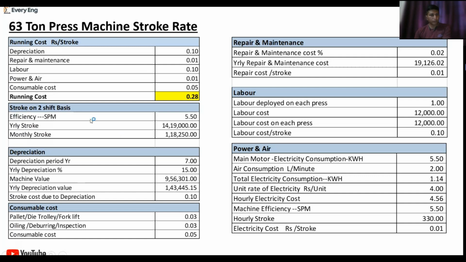Yearly stock we calculate on a 2 shift basis. तो yearly stock कितना आ गया है, 14,19,000. तो monthly stock 1.18 lakhs. So we calculate in reverse per day, per shift. So we calculate per stock, the number of per minute stock. That time we calculate 10 paisa. So our depreciation cost per stock is 10 paisa.